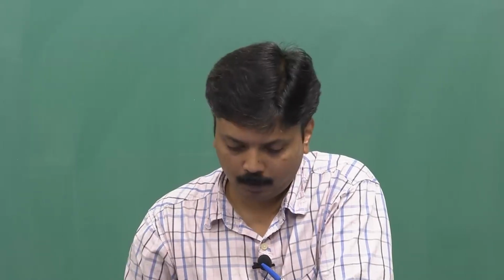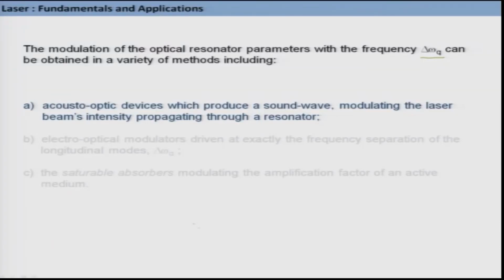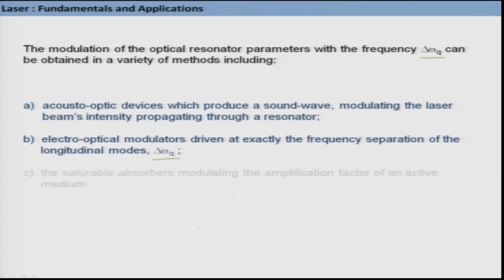Also, instead of an acousto-optic modulator, we can use an electro-optic modulator, which is driven at exactly the same frequency as the separation between two longitudinal modes, which we write as delta omega q.